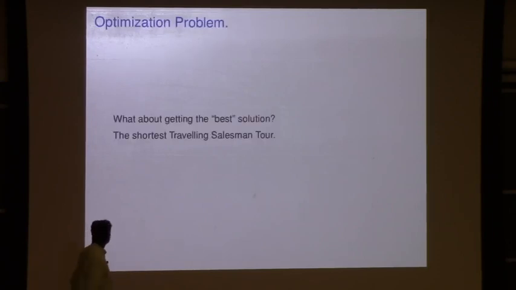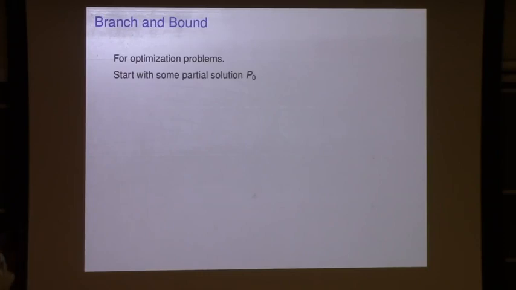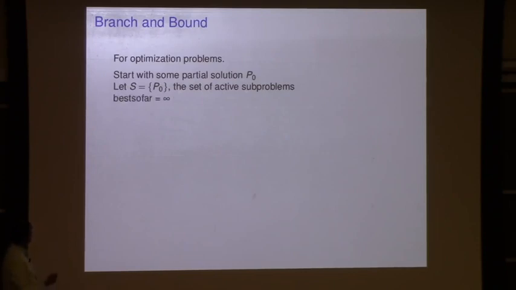So again, you start with the partial solution, and this is a generic algorithm. You let S equal one problem, the set of active subproblems. The best so far is infinity. We're assuming we're trying to solve a minimization problem here. So the best so far isn't very good because infinity is very large. And you repeat while S is non-empty.